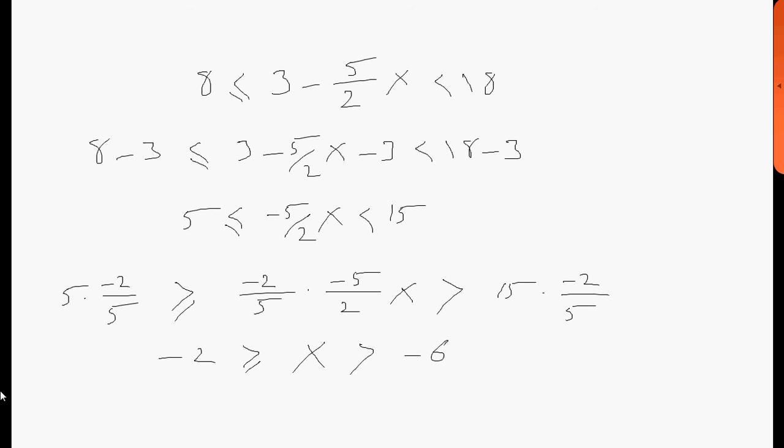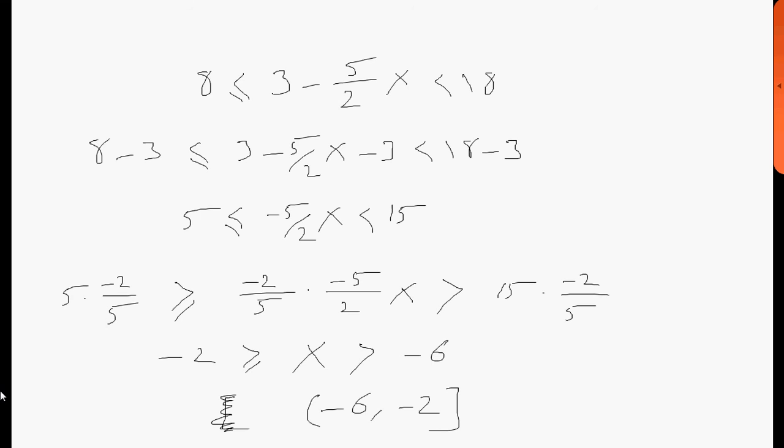In interval notation, that is -6, -2. Round brace on the -6 side because there is no equality sign here. Square brace on the -2 side because there is equality here.